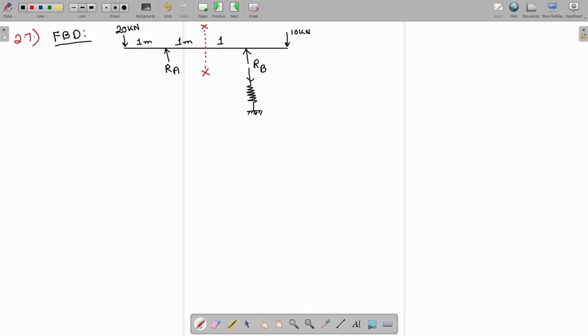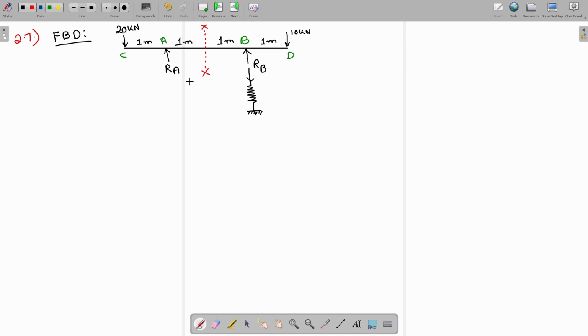This is 1 meter. This is also 1 meter. This point is C. This point is A. This point is B. And this point is D. This is the free body diagram, FBD.